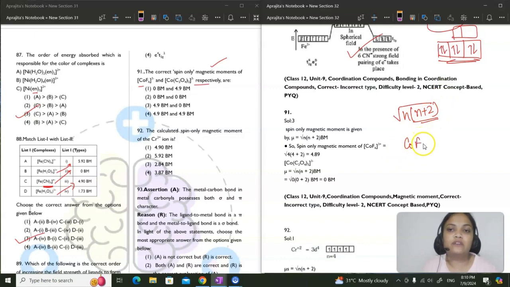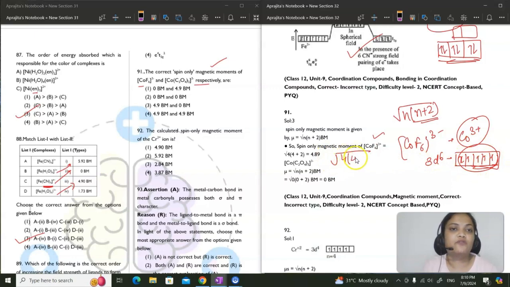So for [CoF6]3-, here the cobalt is in +3 oxidation state, so it will be 3d6. Moreover, fluoride is a weak field ligand, so no pairing would happen, and you will be having 4 unpaired electrons. So 4 unpaired electrons means the magnetic moment you can calculate as square root of 4 into 4 plus 2. So it's coming out to be 4.89 Bohr magneton.